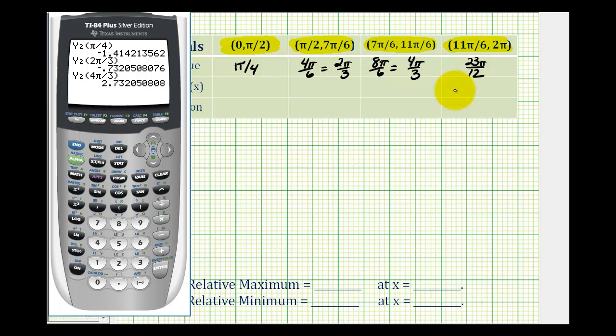It's positive, and we have one more: 23 pi over 12. So it's negative, negative, positive, negative.